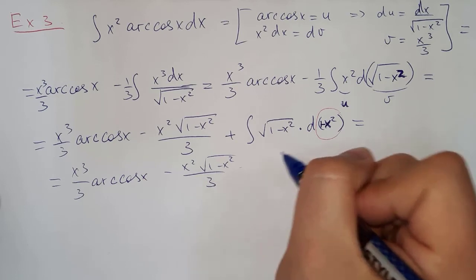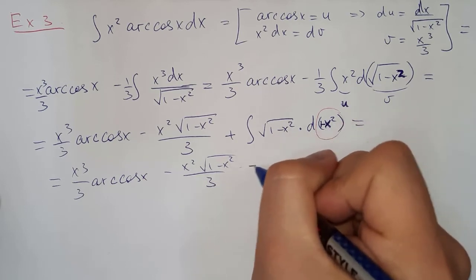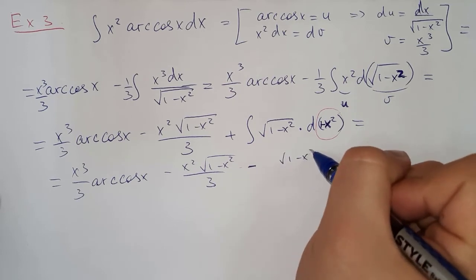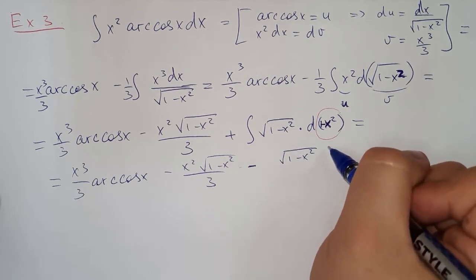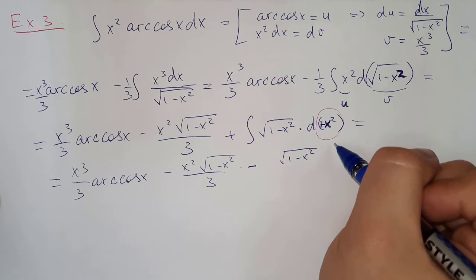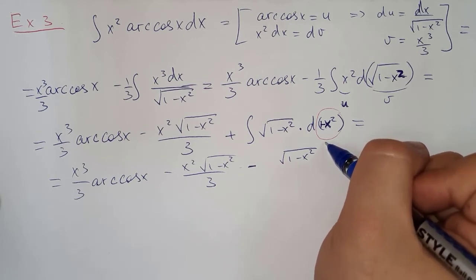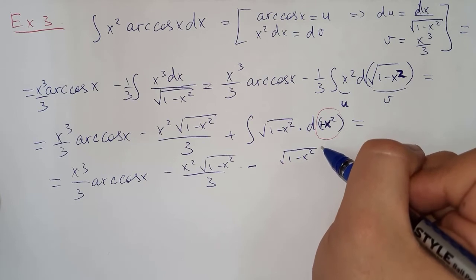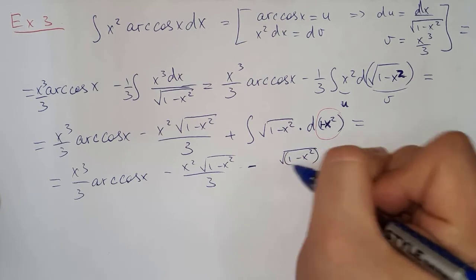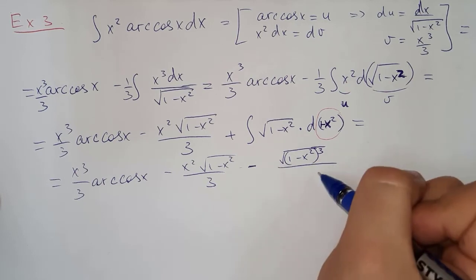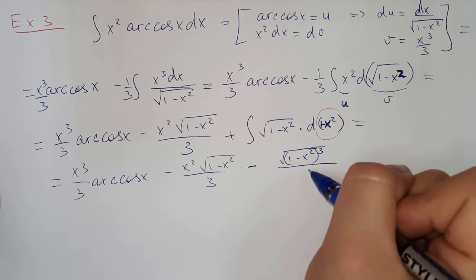Minus here, because here we have minus 1 minus x squared, which powers? 1 over 2 plus 1, 3 over 2. So this is cubed, and that's all, 3 over 2, and then over 3 over 2.